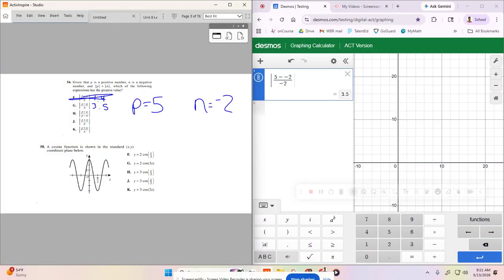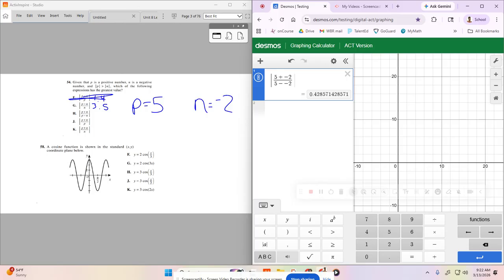Now I have P plus N, so I'm changing this to a plus. 5 plus -2 over P minus N. So that one is going to be 5, I'm going to get rid of that negative, sorry. 5 minus -2.